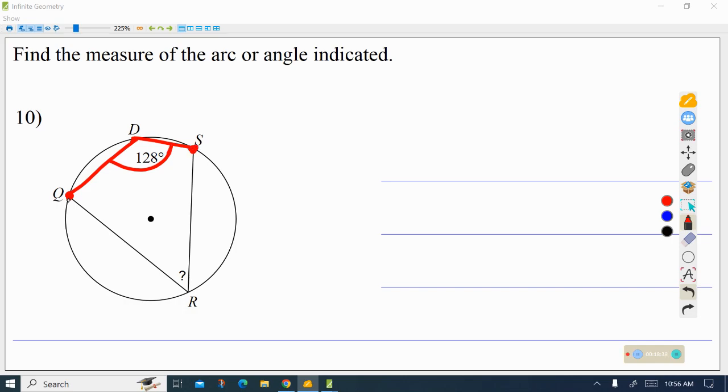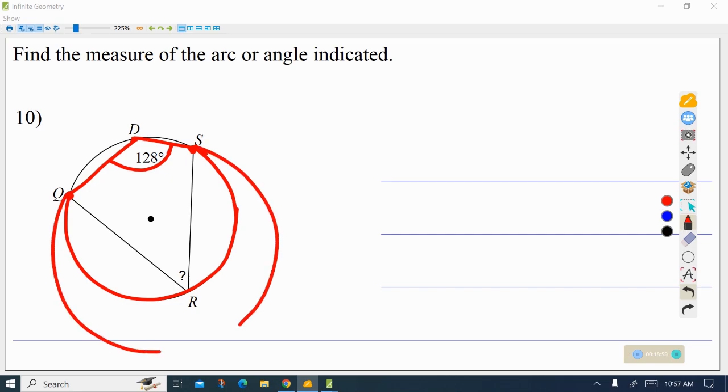And then this whole arc, arc SRQ, has to be double of 128. So 2 times 128 is going to be this whole arc, and I'm going to use these little marks to show that we're getting the whole thing. So 2 times 128 is 256.